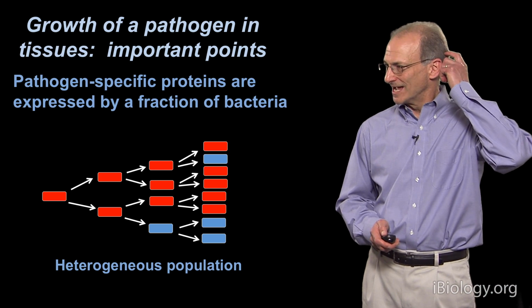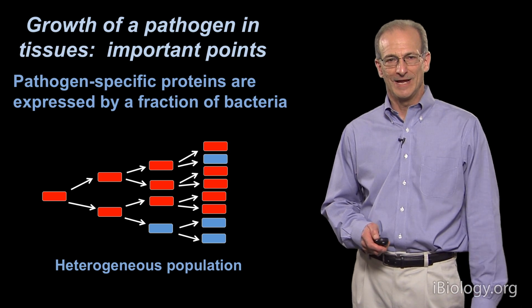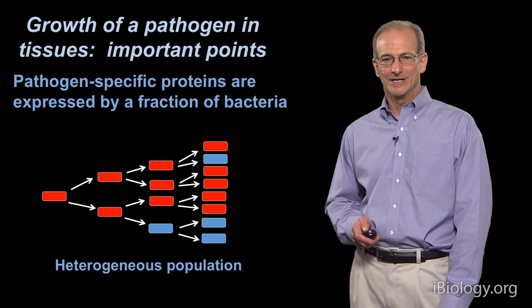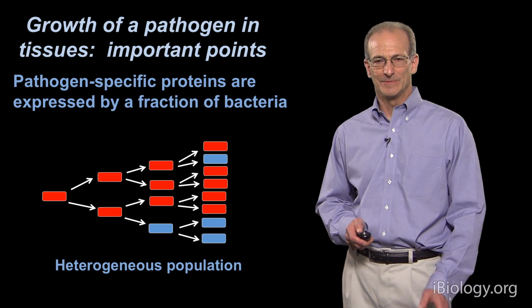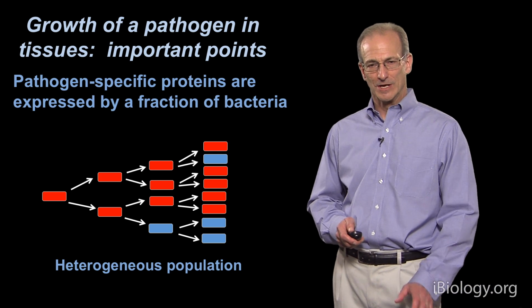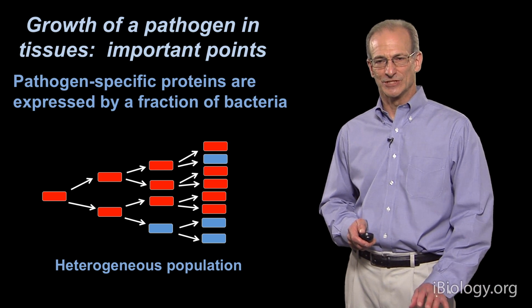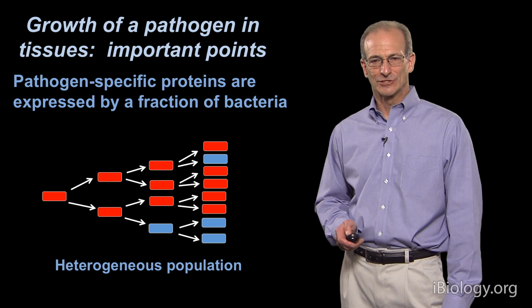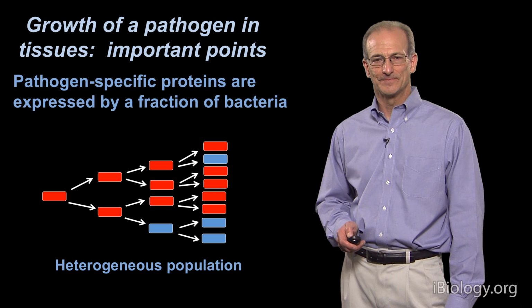So let me summarize now with the 3 points that I want to make, is that pathogen-specific proteins are only expressed by a fraction of bacteria, and we believe the reason for that is because this allows them to have a fitness cost which is less than they would have than if all the bacteria in the population actually expressed virulence-associated proteins.